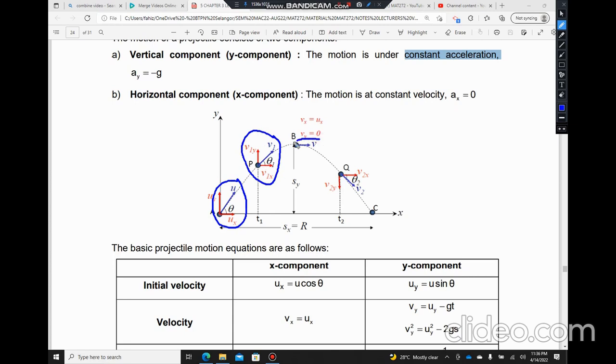And then bila dia berada di kedudukan maksimum, laju dia vy equals to 0, tapi vx dia ada nilai vx equals to ux, laju pada kedudukan atas ni. And then dekat bawah ni untuk v2, kita assume laju yang kedua makin menurun, kita ada vy and vx. So yang last kali dia capai pada kedudukan yang asal kan.